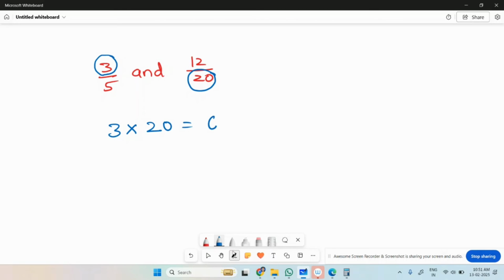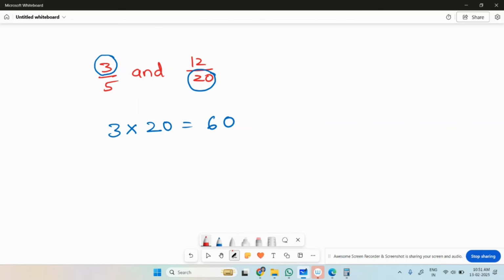Okay. Now let's learn an important property of equivalent fractions. Consider 3 upon 5 and 12 upon 20. These two are equivalent fractions. But how do we know whether two fractions are equivalent or not? Multiply the numerator of 3 by 5 by the denominator of 12 by 20. That means 3 times 20 equals 60.